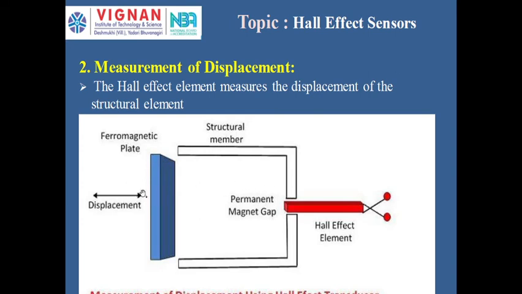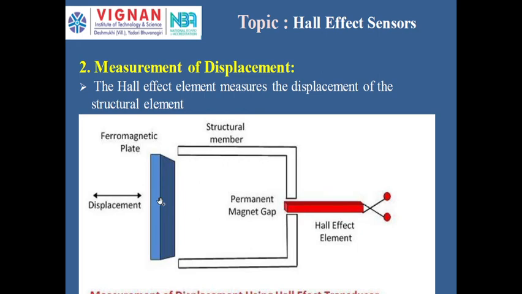As this ferromagnetic material plate is placed or varied, the distance between these two changes, the field strength will be changed. That means the field strength produced by the permanent magnet depends upon the position of this ferromagnetic plate.